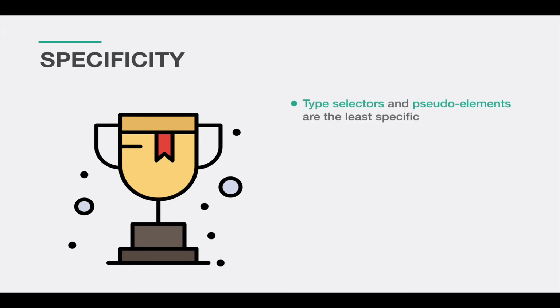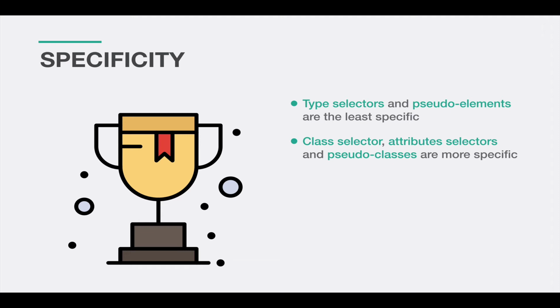All right, so type selectors and pseudo elements are the least specific. Okay, so type selectors, that's your tag names. Your p tag, your h1, those are your type selectors. Pseudo elements are like the before pseudo element or the after pseudo element. Class selectors, attribute selectors, and pseudo classes are more specific. Okay, those are the next level up.